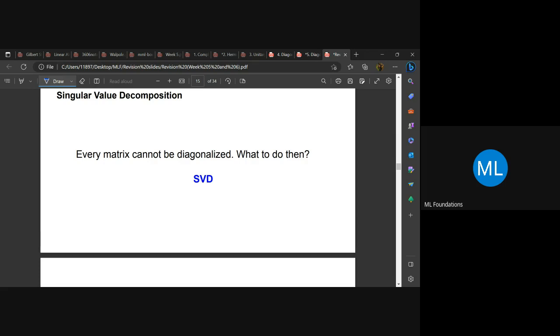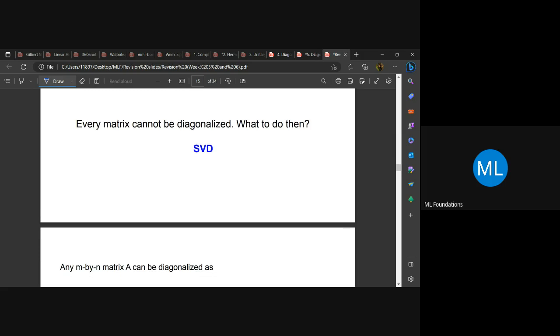If the matrix is not symmetric, then in that case also it is possible for you to write it somehow in the form of some U sigma V transpose, where U and V are orthogonal and sigma is a diagonal matrix.